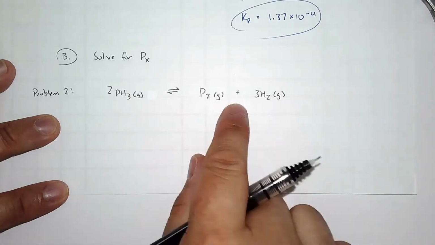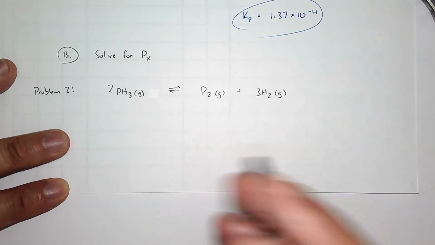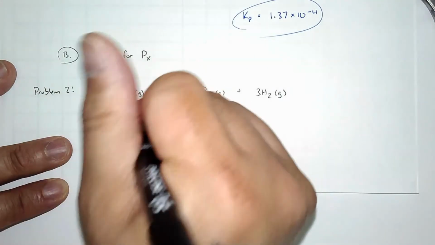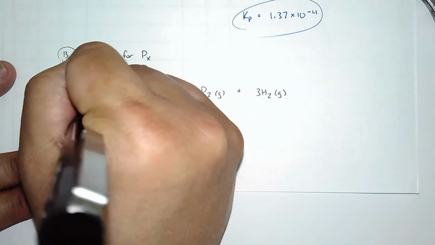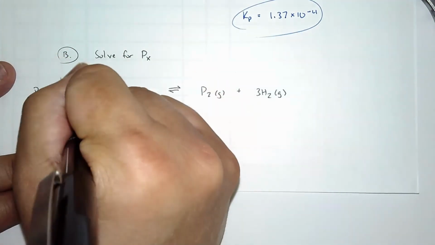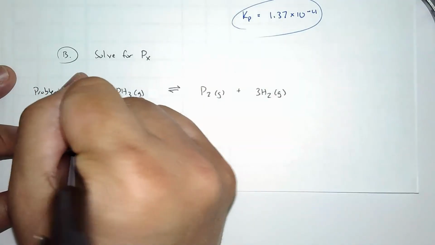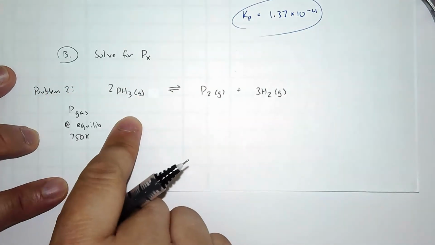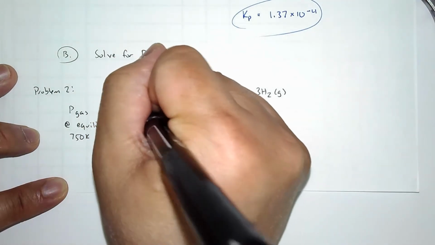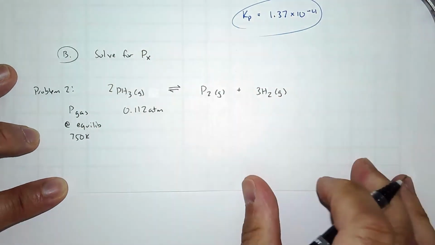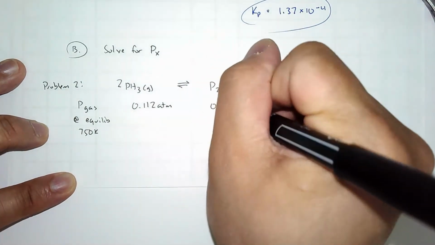Okay, all of these will be in the equilibrium expression, and this is what I'll give you. These are going to be the partial pressures of the gas at equilibrium, 750 K. Okay, I am only going to give you this one and this one.